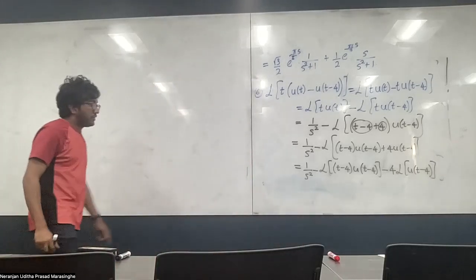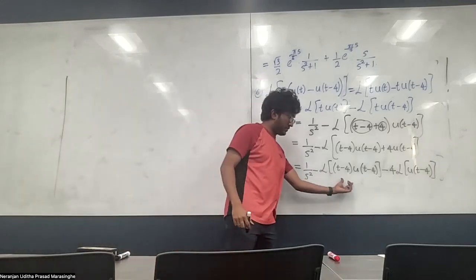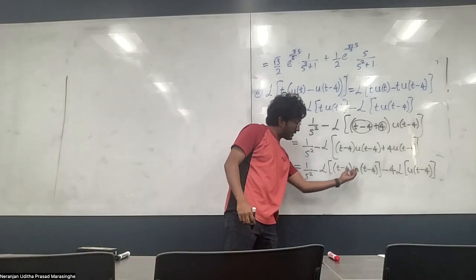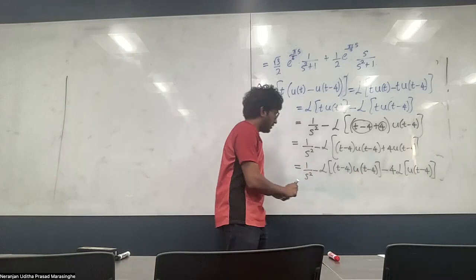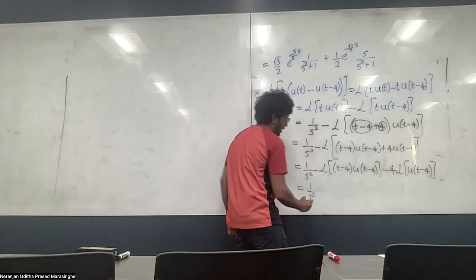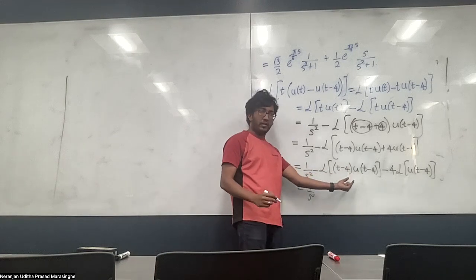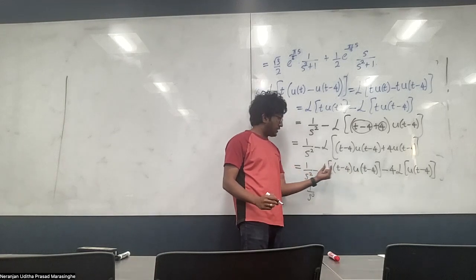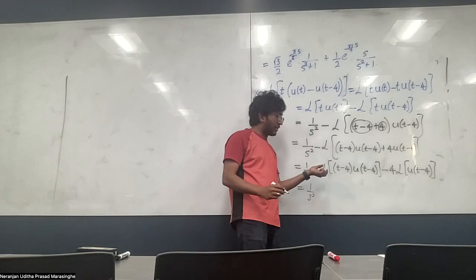Now, what is the Laplace of this portion? Now you have t minus a, u(t minus a). Now t has been translated by 4 units. The Laplace transform of t is 1 over s square.